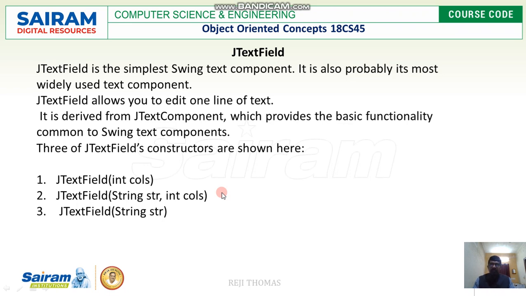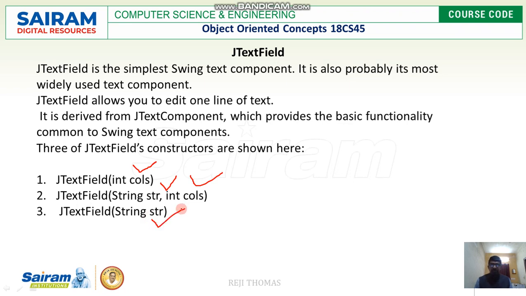This also has three constructors, as you could see. One constructor takes a single parameter, and the parameter is of type integer. The second one takes two parameters, of type string and integer, and the third one is a constructor which takes a string as parameter.